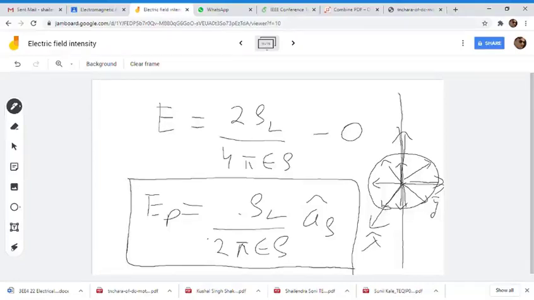In the next class we will try to find the electric field due to surface charge density. We will take an infinite surface charge plane and try to evaluate the electric field at a given point.